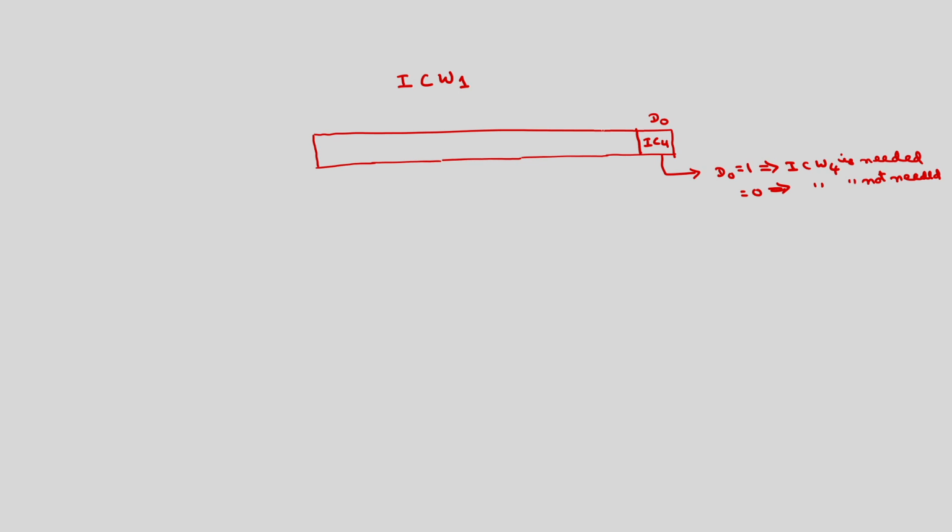Then the second bit, the D1 bit, is SNGL: either single mode or cascade mode. If the D1 bit is 1, it implies single mode.